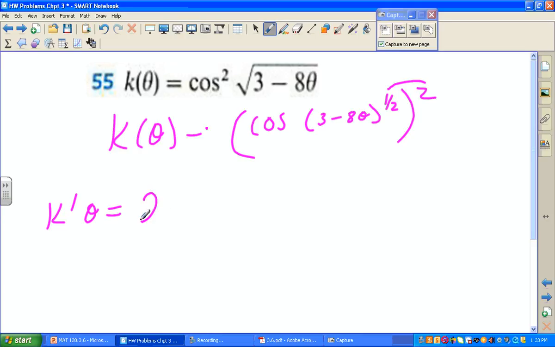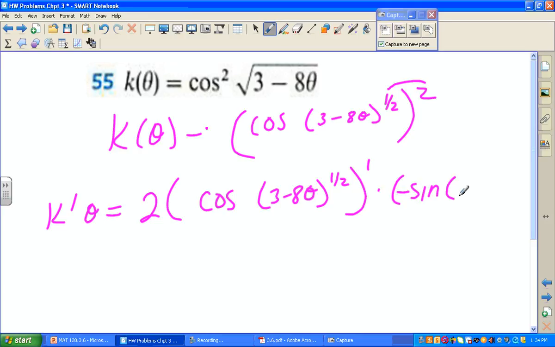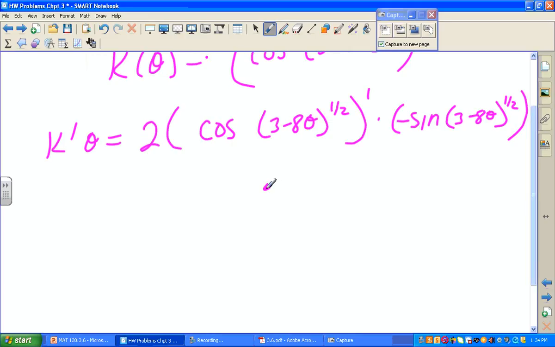k prime of theta equals 2 cosine of 3 minus 8 theta to the 1/2, to the first. Next is the derivative of cosine, which is what? Negative sine. And your angle stays the same, 3 minus 8 theta to the 1/2, times the 1/2 times 3 minus 8 theta to the negative 1/2, times the derivative of 3 minus 8 theta, which is negative 8.